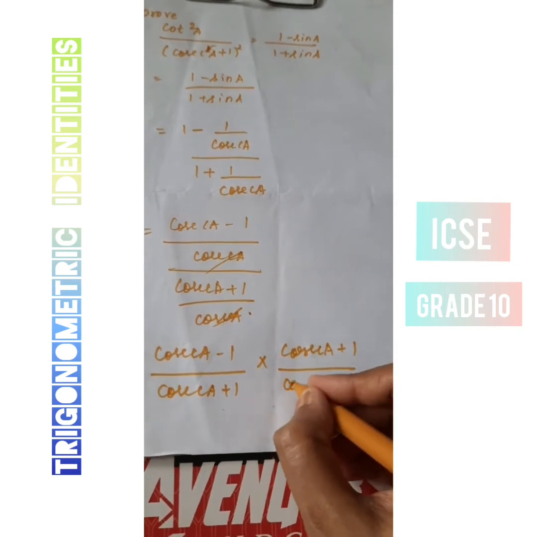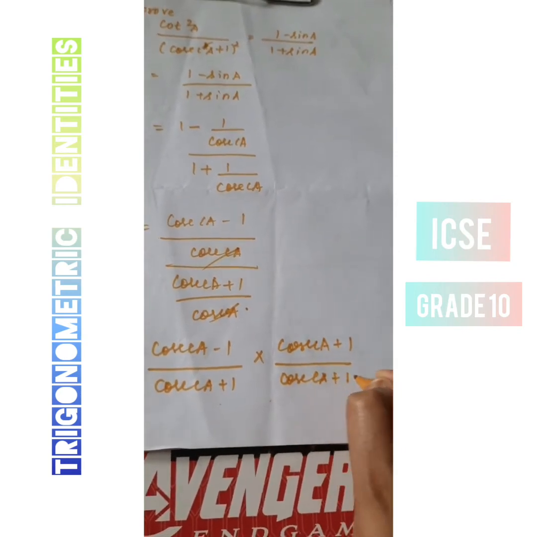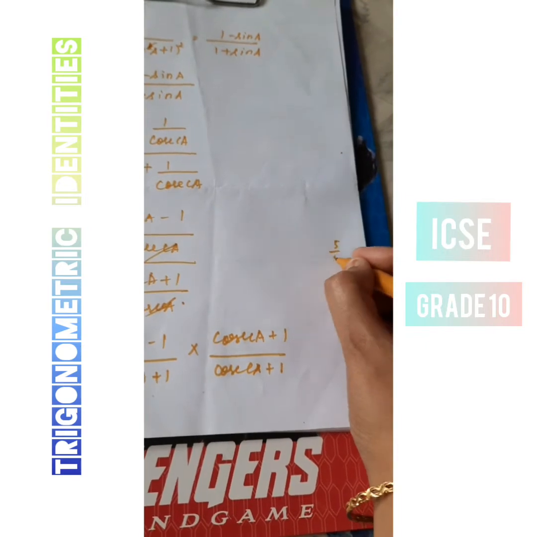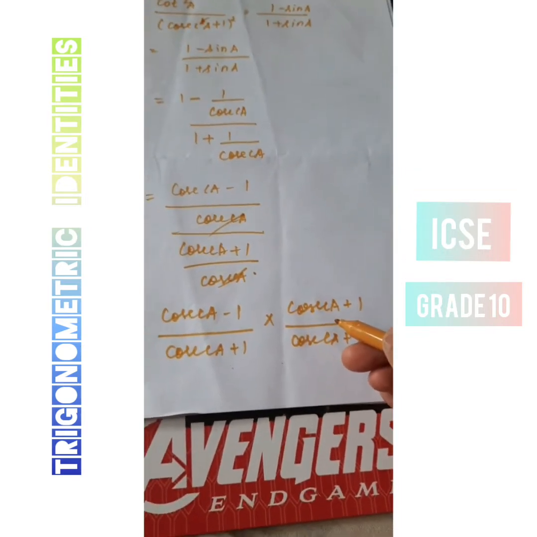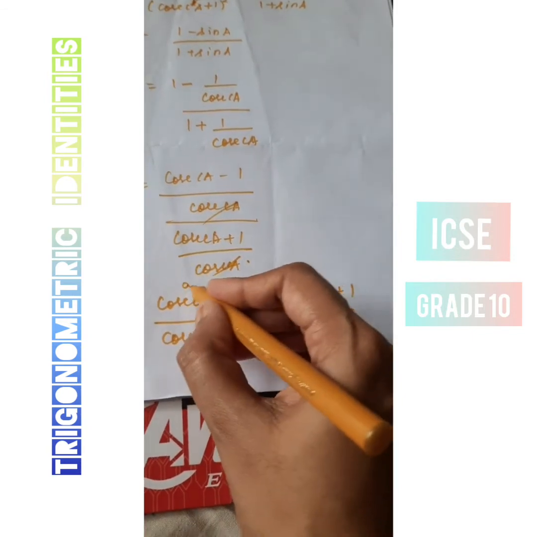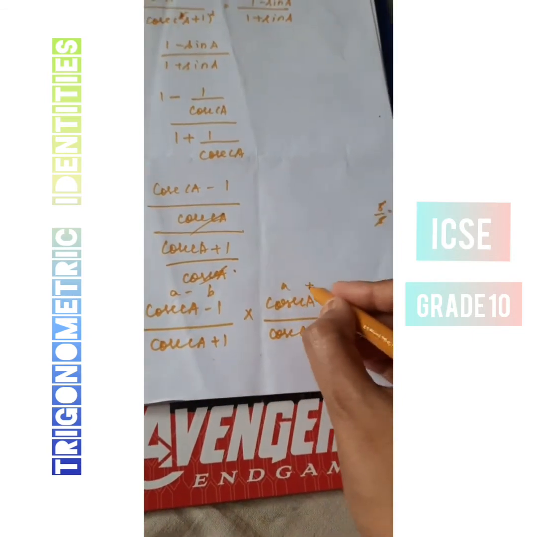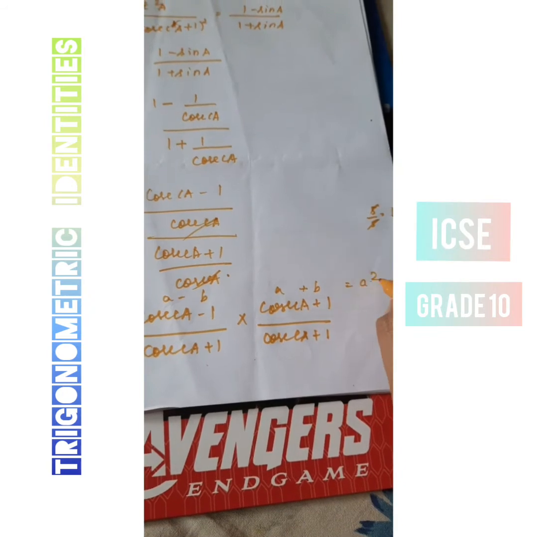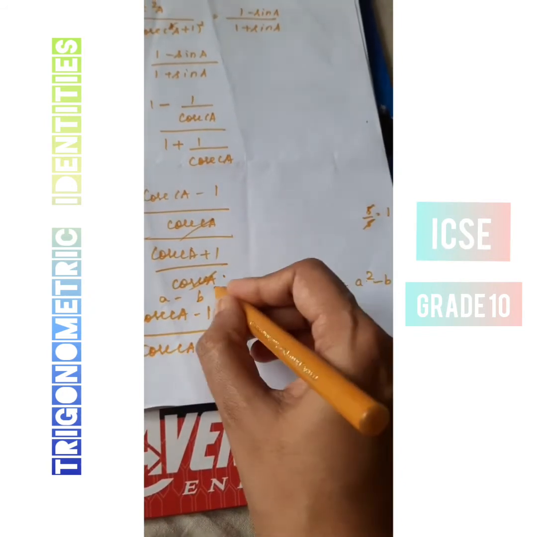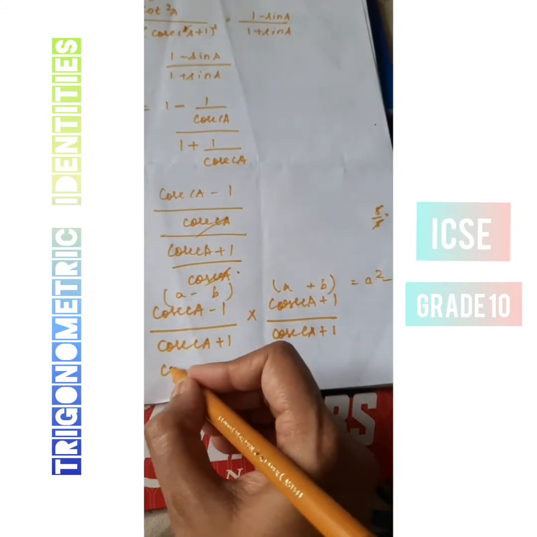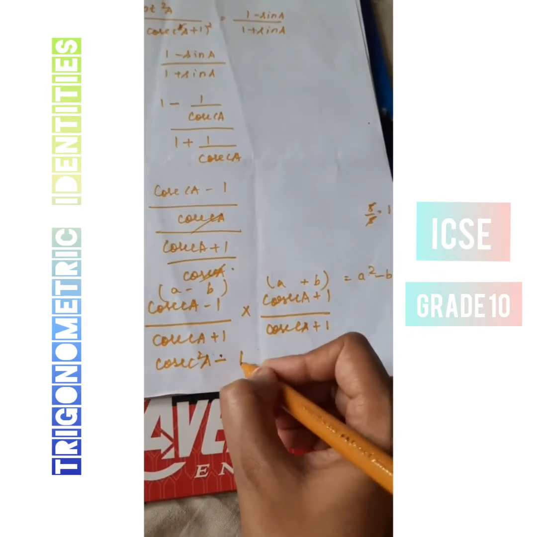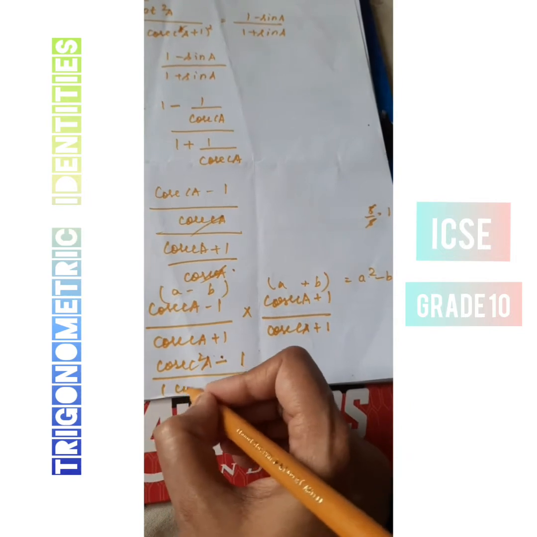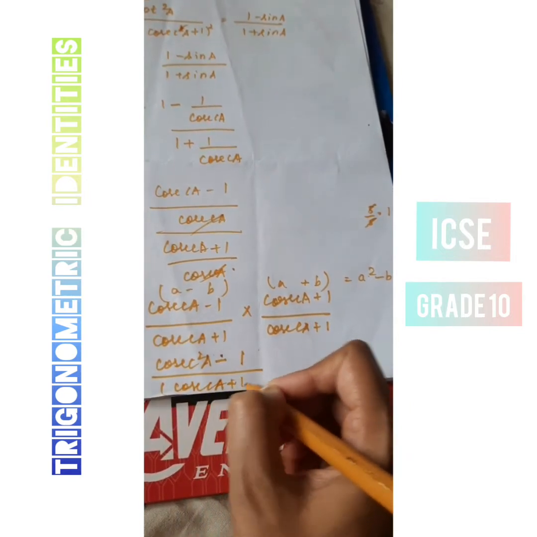plus 1, multiplying and dividing by the same number. It's actually 1, like 5 by 5 is actually 1. Same way I'm just adding what is needed to get the RHS. So the numerator is again of the form A minus B and A plus B, which can be written as cosecant square A minus 1 by cosecant A plus 1 whole square.